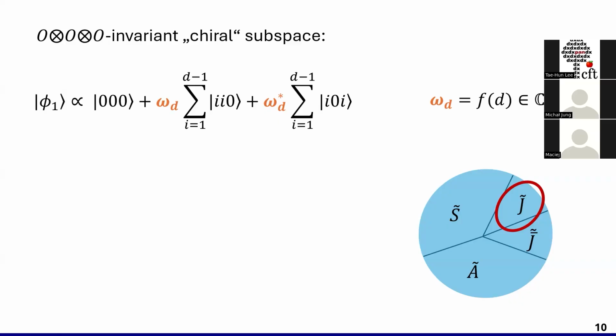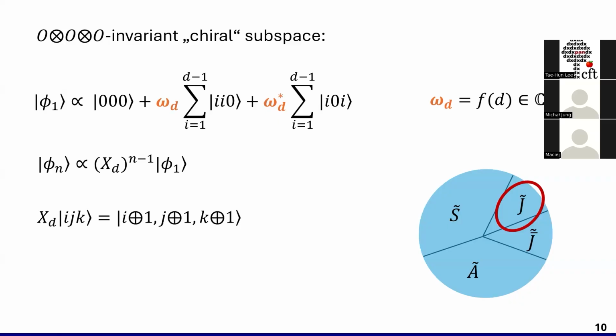And having written down this first state, we can construct a further state by applying this operator X, which is also a generator of the Heisenberg-Weyl basis. It acts on a ket i, j, k and gives us i plus 1, j plus 1, k plus 1 modulo the dimension.